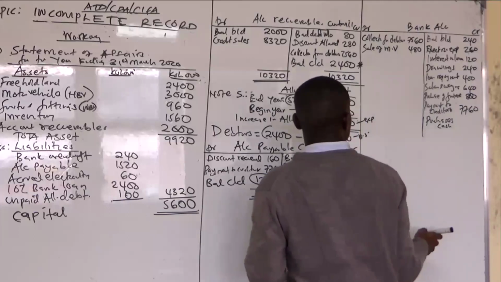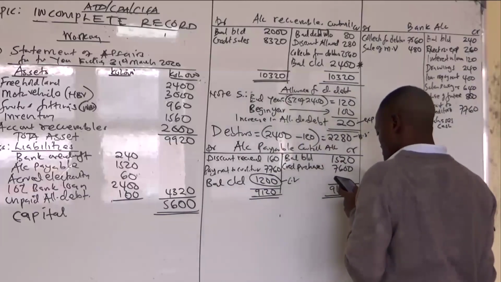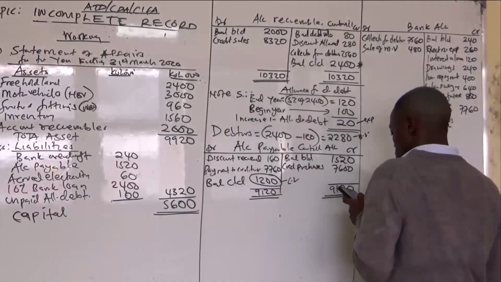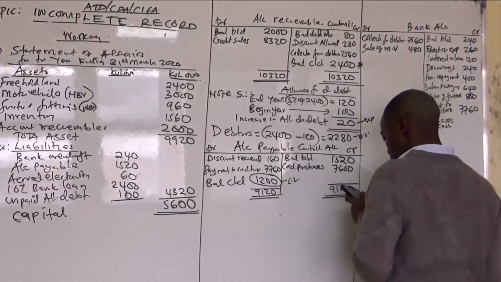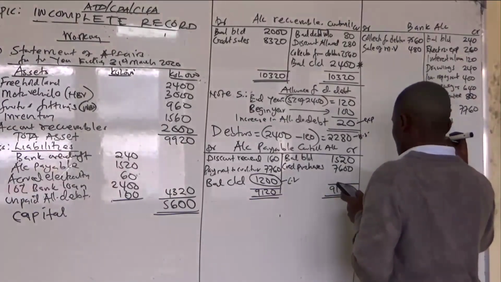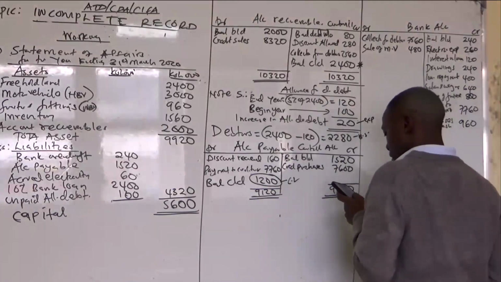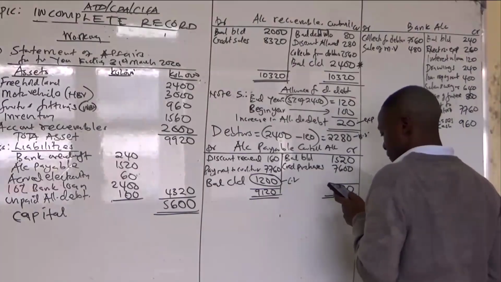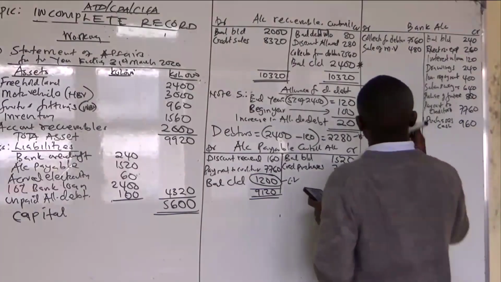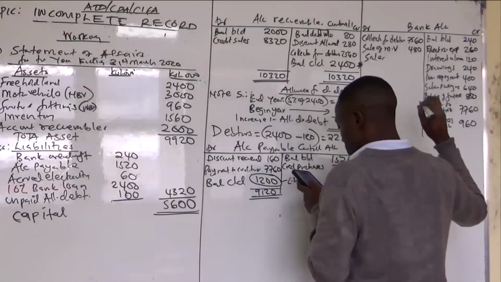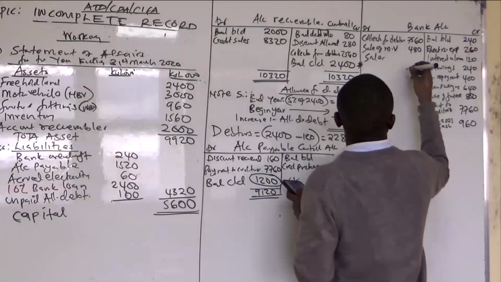Nilisema hapa ina maintain everything in cash, not on credit. Hata ukiona kitu on credit kwa hiyo area, usiweke hapa. Ni 28,960. Alafu ukimake sales, ukiuza si unapata income, unapata revenue. Sales inakuja huku. Ni cash.